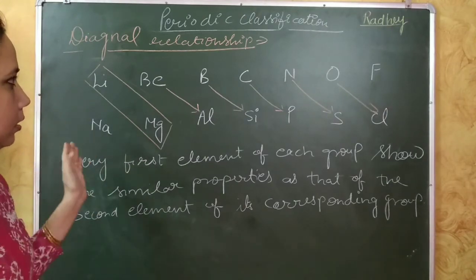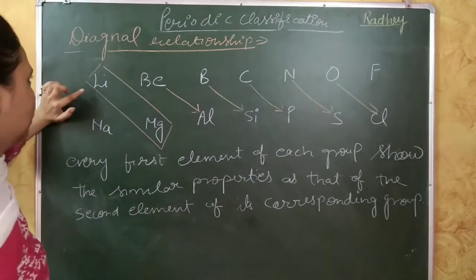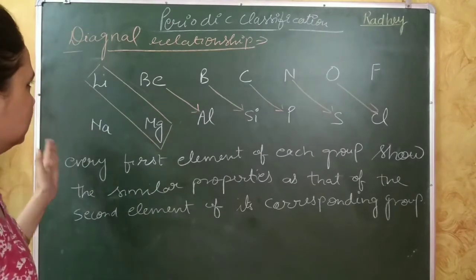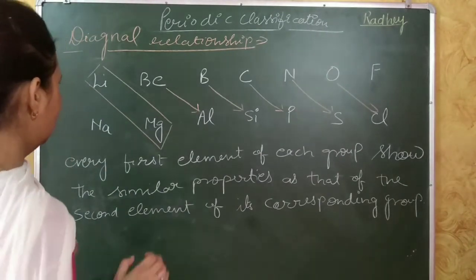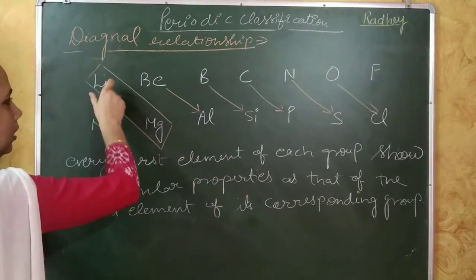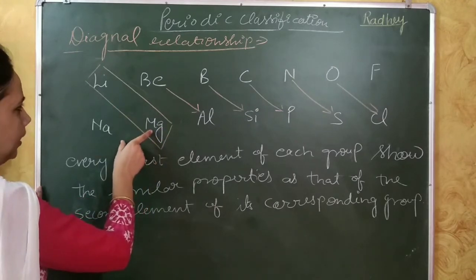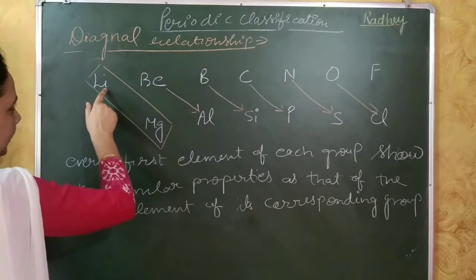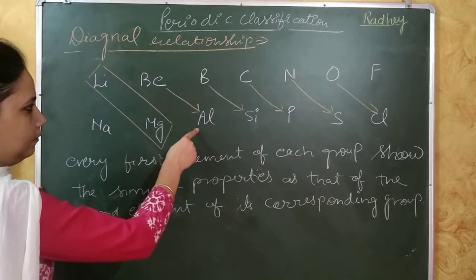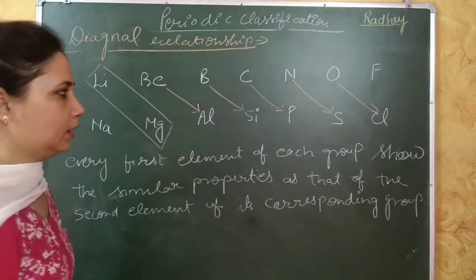Here are some members of different periods. It is from the second period, and it is from the third period, and these members have similar properties to the diagonally neighboring member. So lithium has some similar properties with magnesium. Beryllium is like aluminium, boron like silicon, carbon like phosphorus.